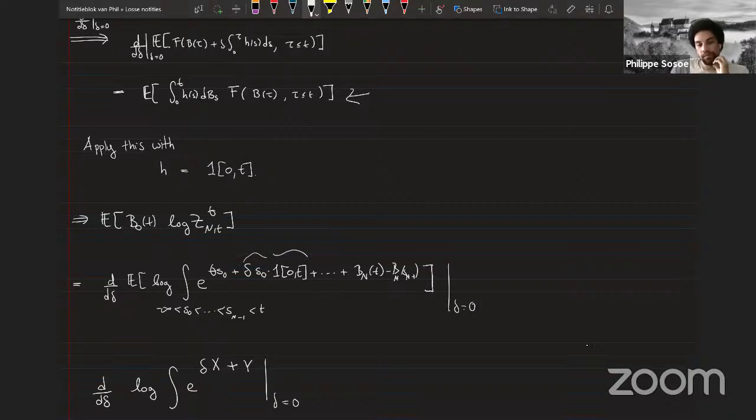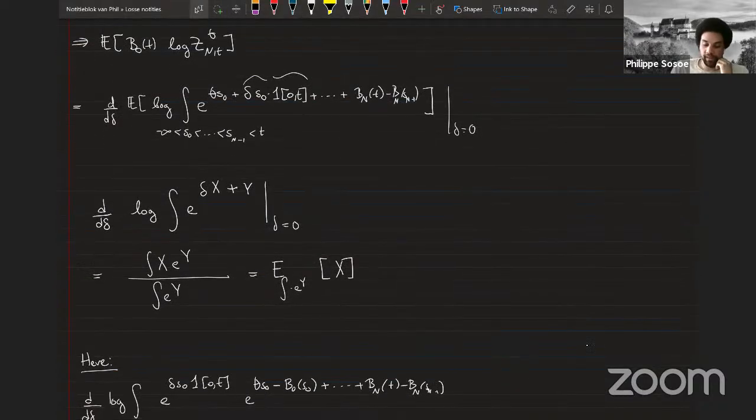Okay. And now we have a very classical computation in statistical mechanics: when we differentiate a linear term appearing in a Gibbs factor, appearing in a Gibbs measure, we just get the expectation of this linear factor with respect to the Gibbs measure. So symbolically, if you look at log of the integral of e to the delta x plus y, differentiate and set delta equal to 0, you get the expectation of the quantity x with respect to this Gibbs measure e to the y.